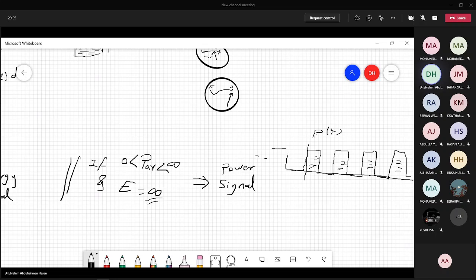While for P average, this is periodic, so it is just taken for one full period: 1 over T multiplied by the total area under the curve here. So P average will be equal to this area divided by this period. So P average is finite, and then it is a power signal.